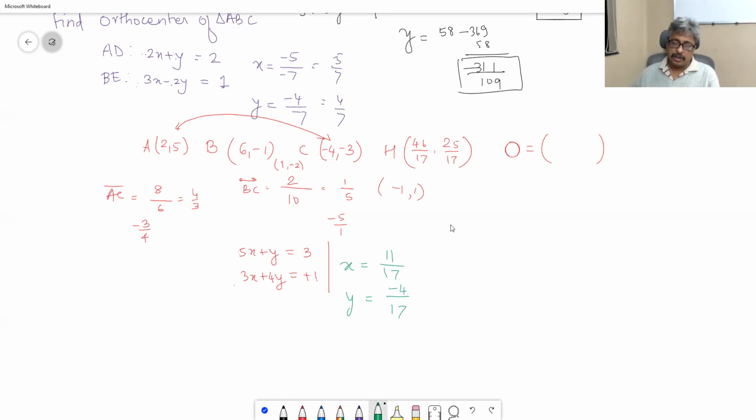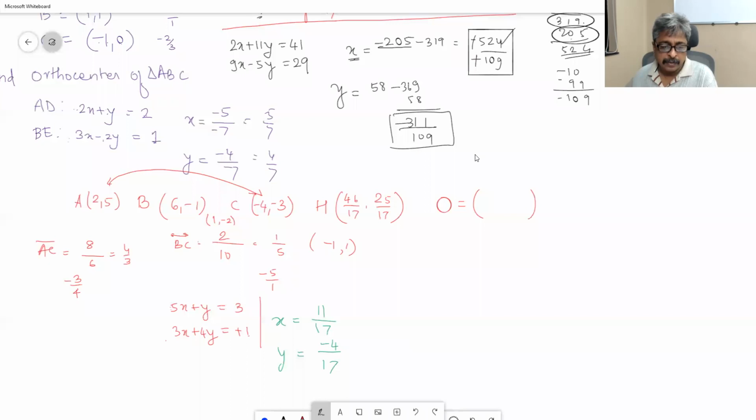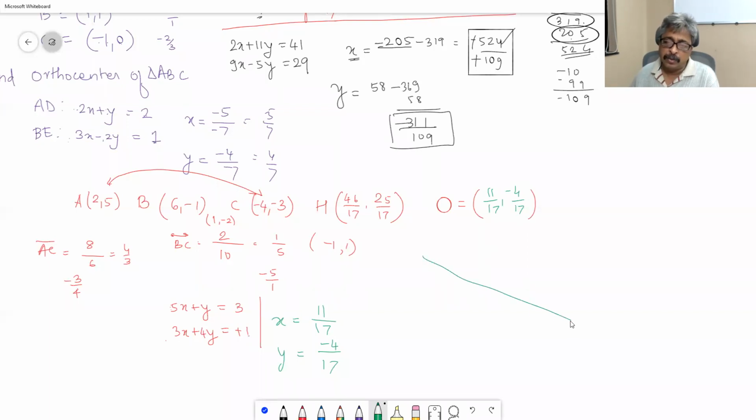Okay, so this is your circumcenter, (11/17, -4/17). Now this is O, (11/17, -4/17). This is H, (46/17, 25/17).